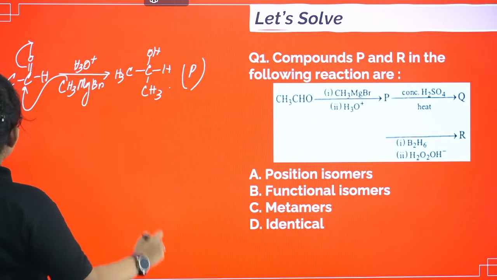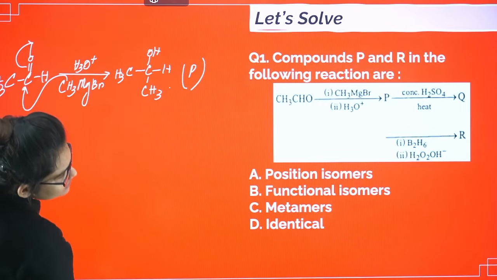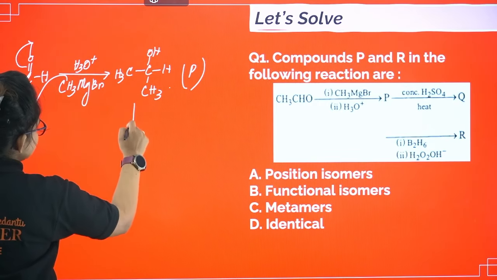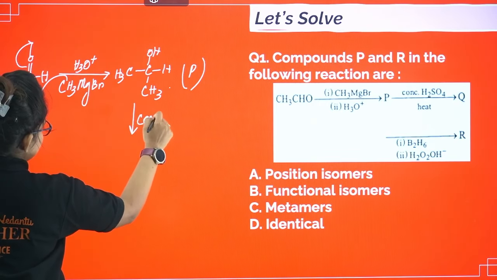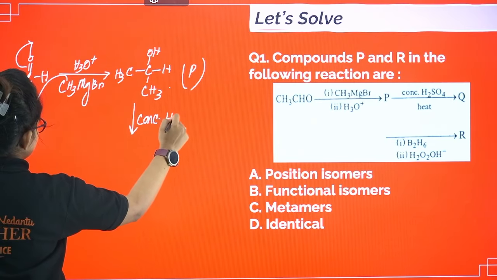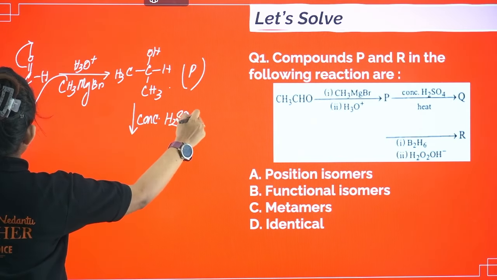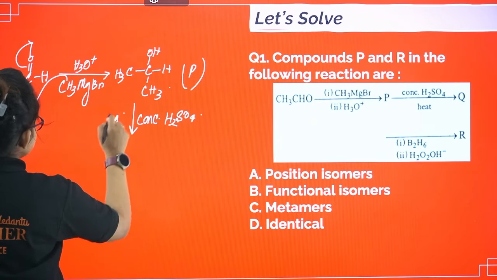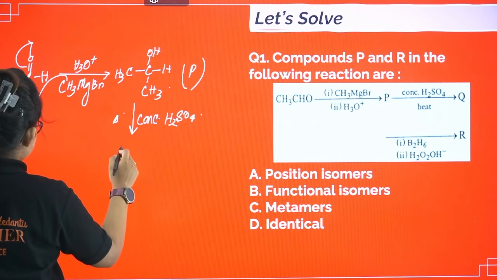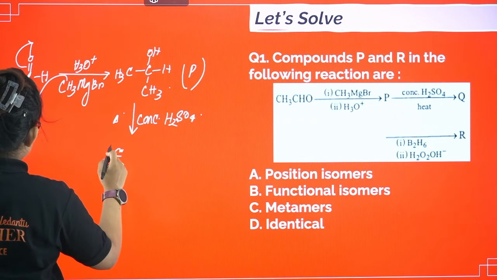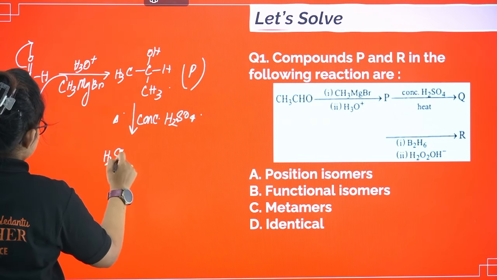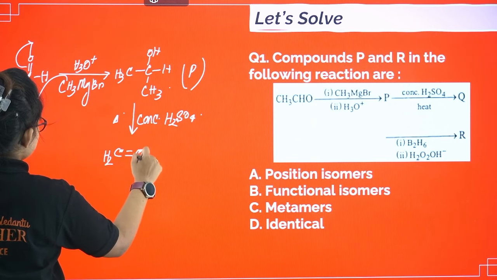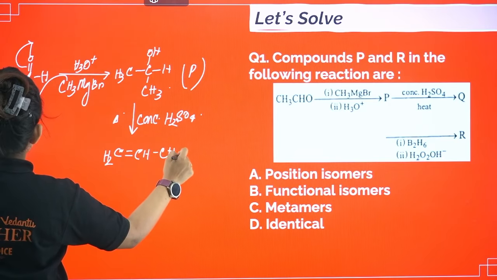Now from here I am giving concentrated H2SO4 and heat. So definitely it will undergo dehydration. So I will get something like CH2=CH-CH3.